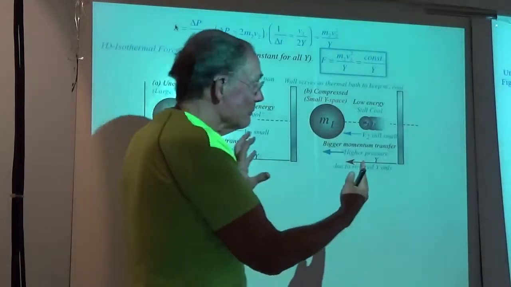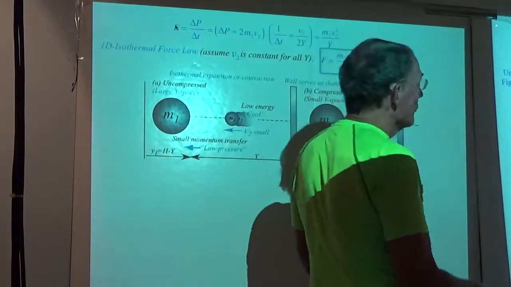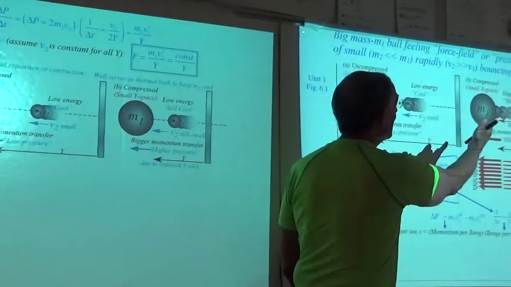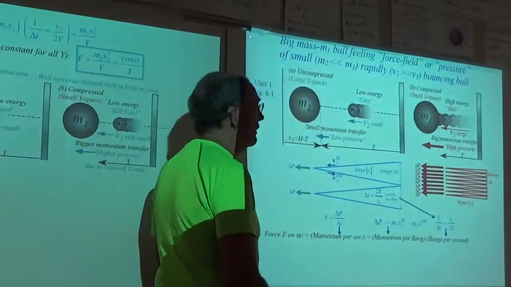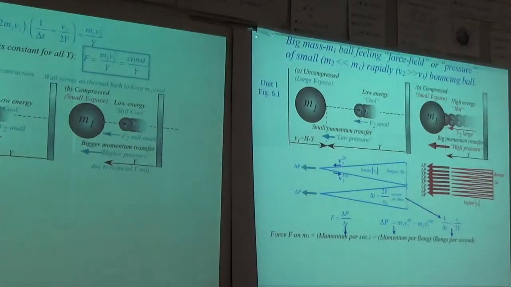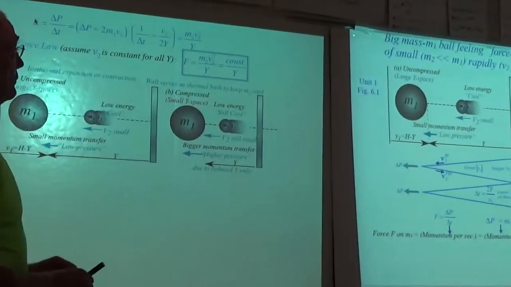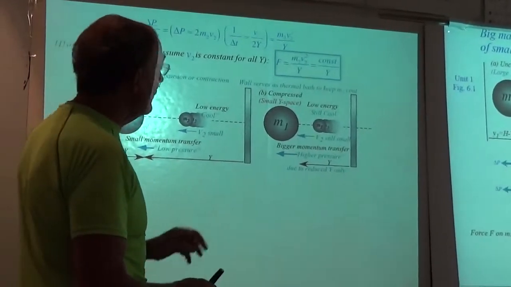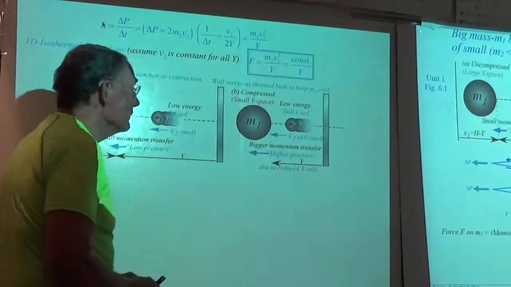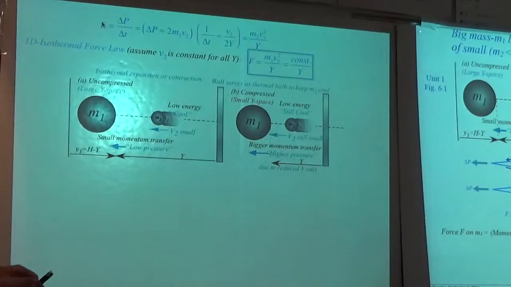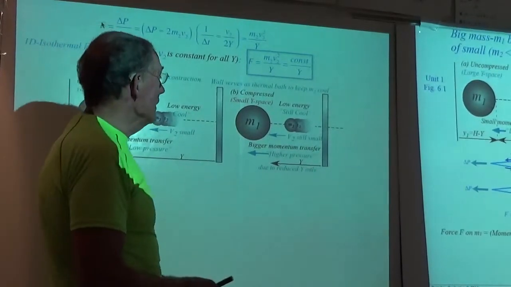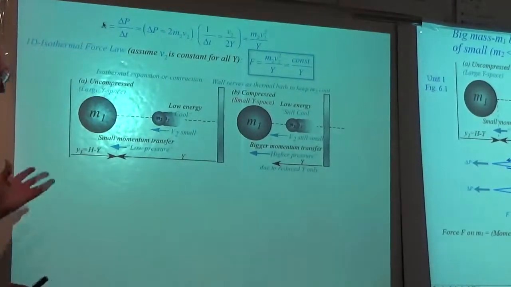You always move this thing in slowly enough so that the walls can take some energy from that object, M2. So we keep the kinetic energy of V2 constant. If that's the case, you have a constant here, then it really is an inverse distance force law. Okay? So that is the basic idea here.